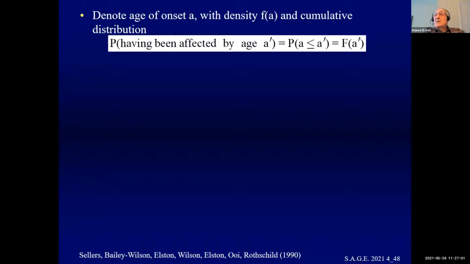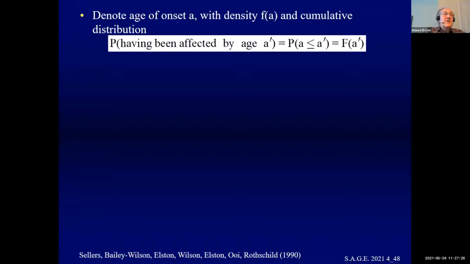Now, you might note also, because we're assuming a cumulative logistic or a cumulative normal, that in theory negative ages of onset are allowed, but if you think about it, that should be pretty harmless, because when they're negative, the likelihood is going to be pretty small.